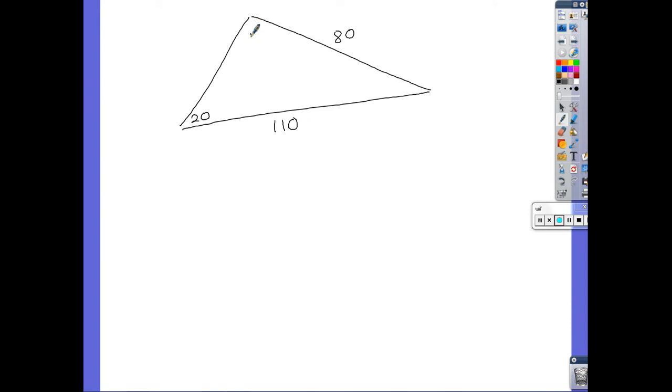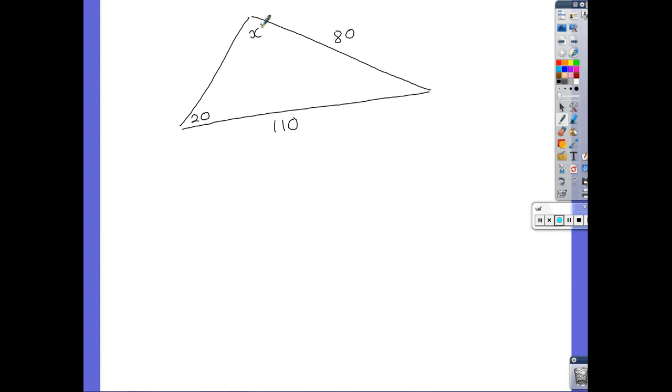Before I move on to the cosine rule, I'm going to have a look at a special example of the sine rule and what can occur. So if we have a look at this question here, okay, so we can see it's the sine rule.